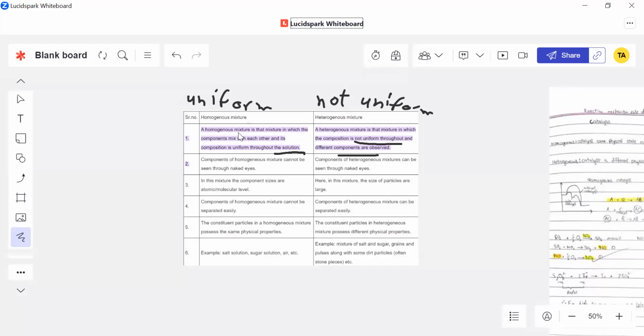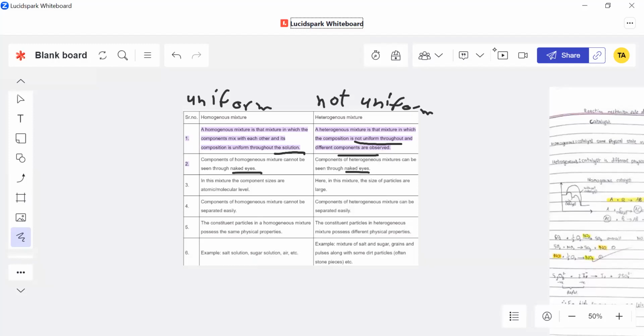Now, homogeneous mixtures cannot be seen through the naked eye. You can't see through these homogeneous mixtures through the naked eye. Whereas heterogeneous mixtures can be seen through the naked eye.